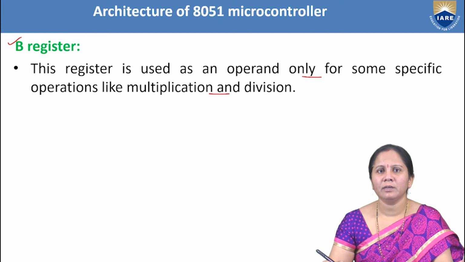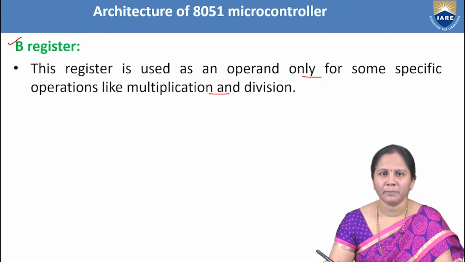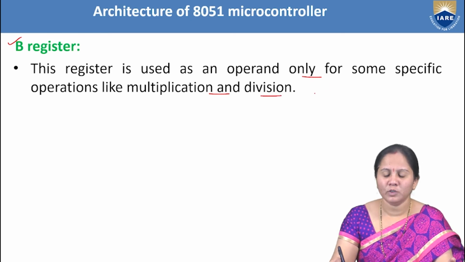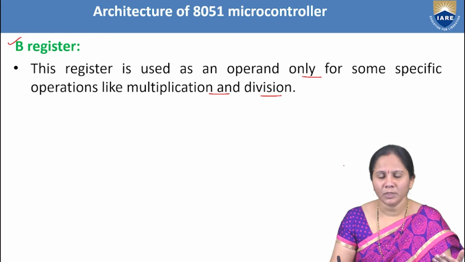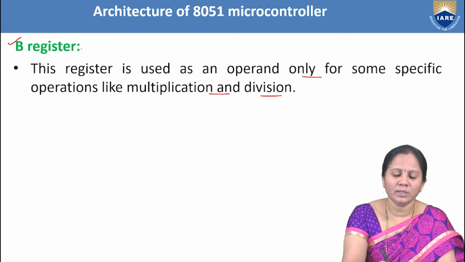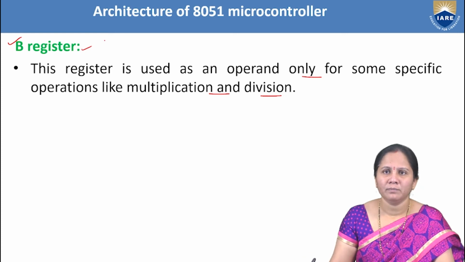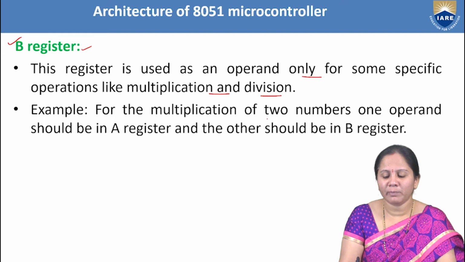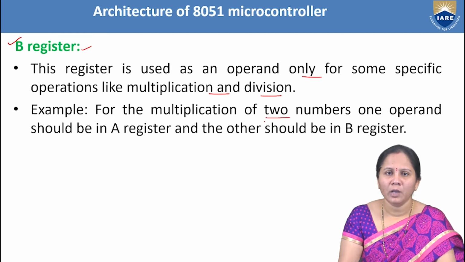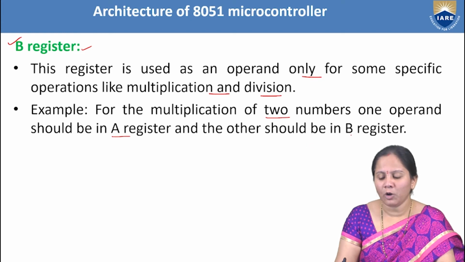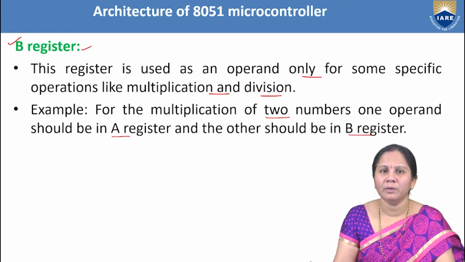The extra result, that is the MSB, will be stored in the B register. If you perform a division operation, the quotient result will be stored in this B register. For example, for multiplication of two numbers, one operand is taken in register A and the other in register B.